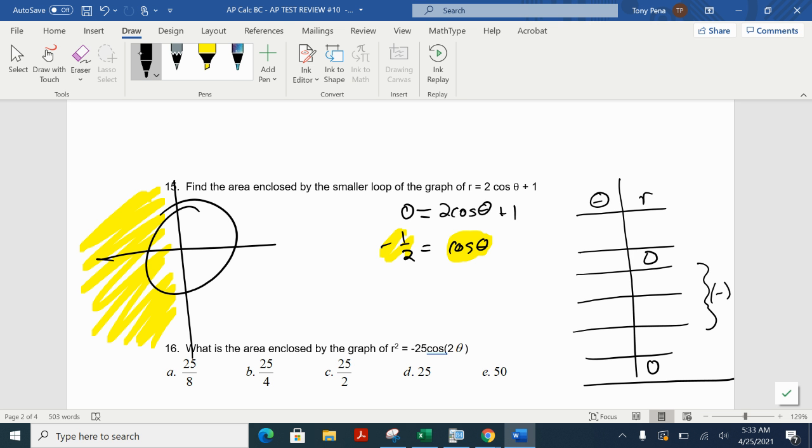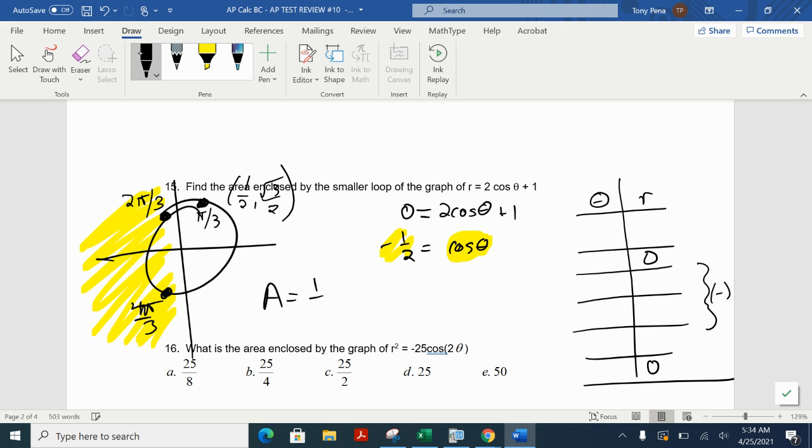And the angles where we get these x values are your pi/3s. So normally here's pi/3 in the first quadrant. That's 1/2 and then √3/2. So what we want is the pi/3 angle in the second quadrant, which is 2 pi/3, and then this pi/3 angle in the third quadrant, which is 4 pi/3.